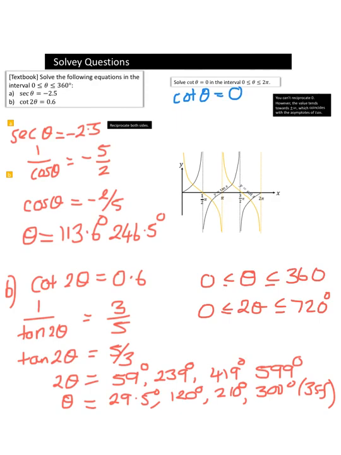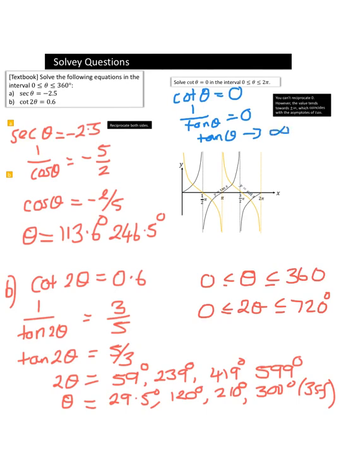So that means 1 over tan theta equals 0, or tan theta equals 1 over 0, which is undefined. You can't have that. So that means, therefore, that tan theta tends towards infinity.